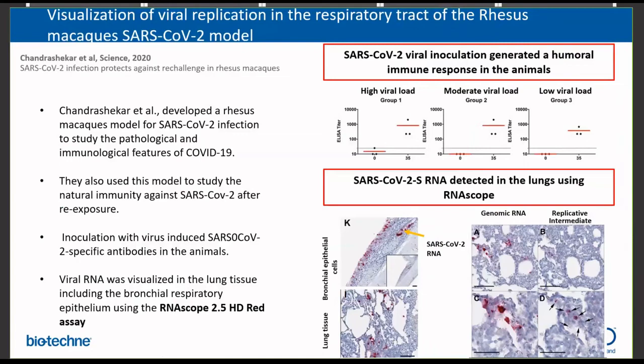As you can see on the lower right side, they used the RNAscope chromogenic red assay to visualize both the SARS-CoV-2 viral RNA as well as its replicating intermediate in the lung tissue. This really emphasizes that you can look at both the viral RNA as well as the replicating strand of the RNA in the same tissue context.